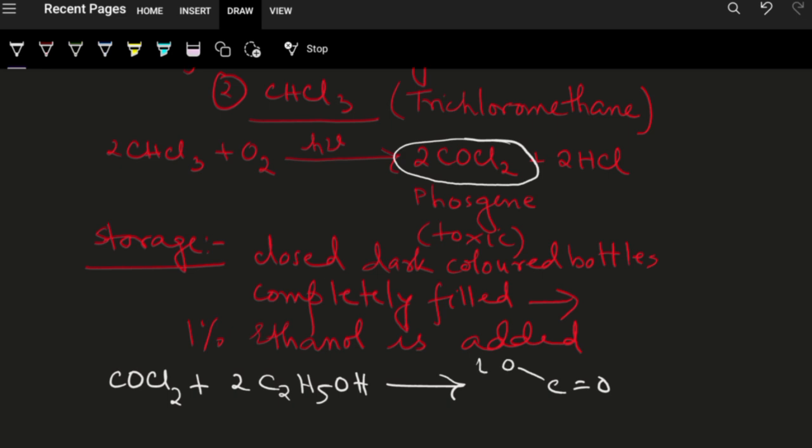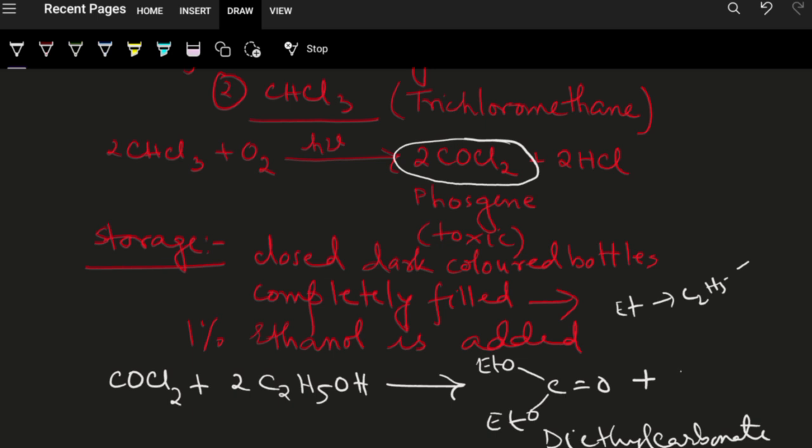This is your OEt. When I write Et, it stands for the C2H5 group. Et means EtOH is ethanol. So this is known as diethyl carbonate plus 2 moles of HCl.